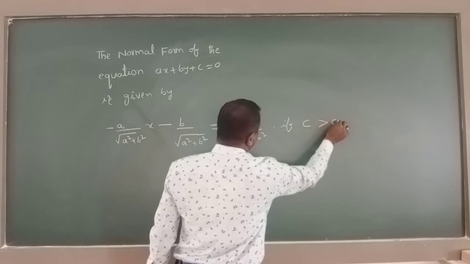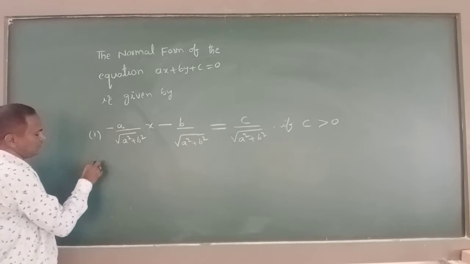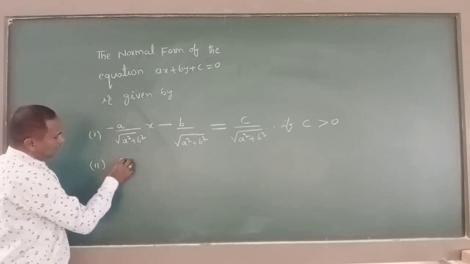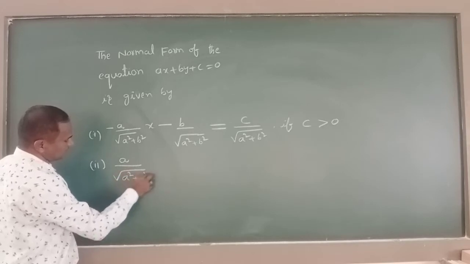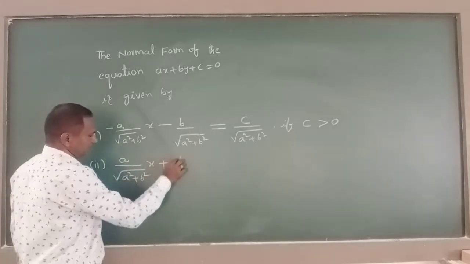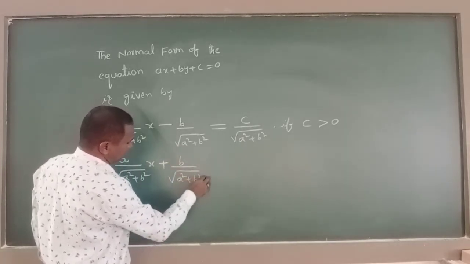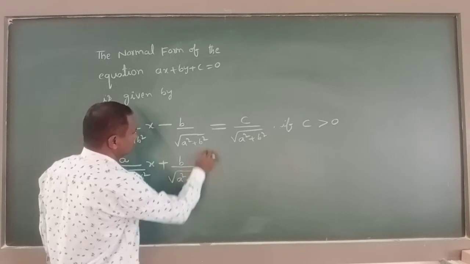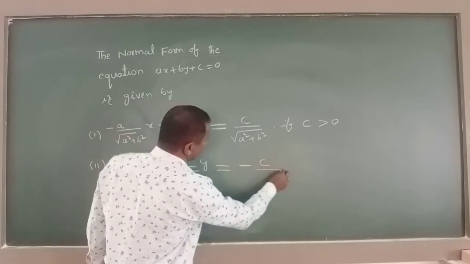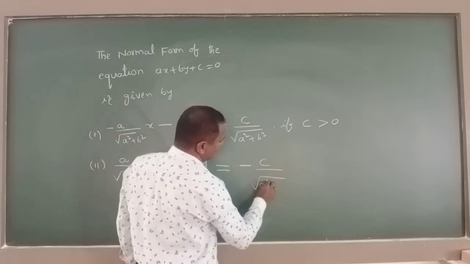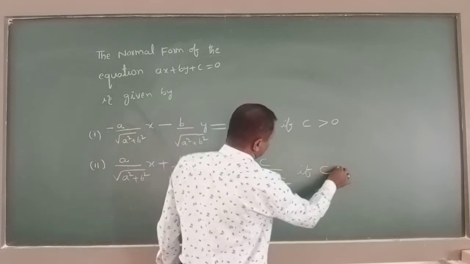And the second formula is a by square root of a square plus b square x plus b by square root of a square plus b square y is equal to minus c by square root of a square plus b square, if c is less than 0.